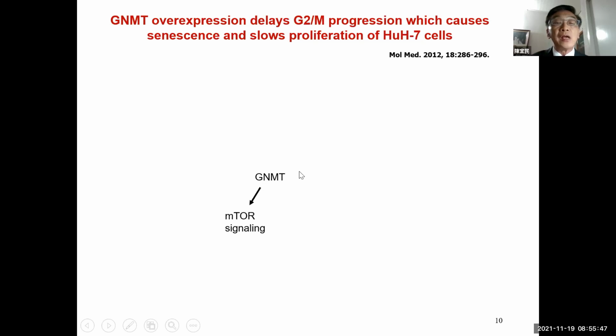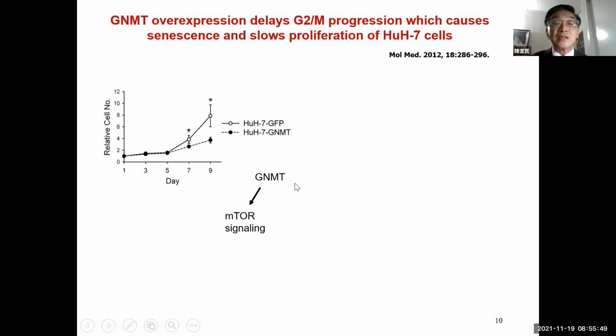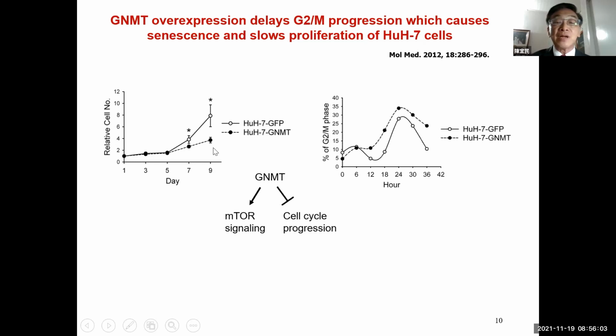So here we further show that in the cells, overexpression of GMT compared to the GFP control decreased cell survival. It also causes delayed progression of the G2M phase.